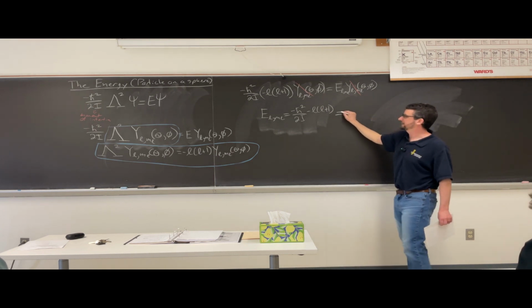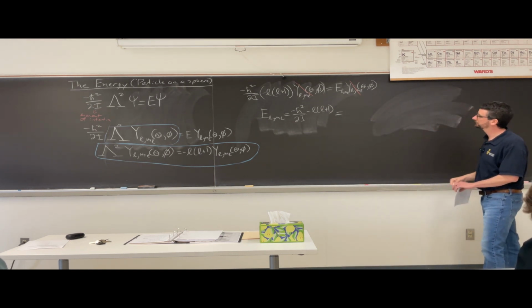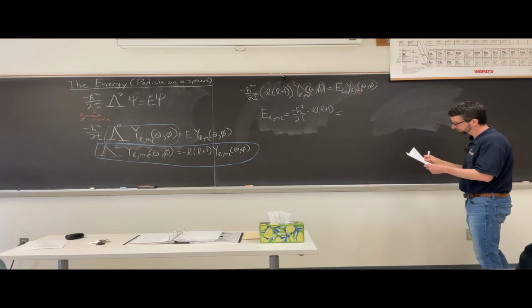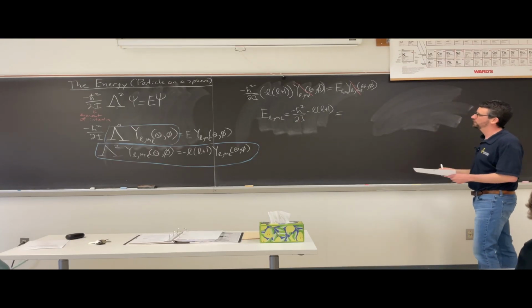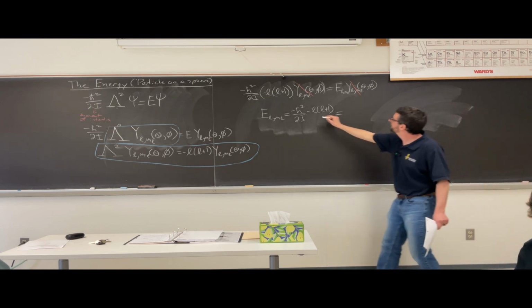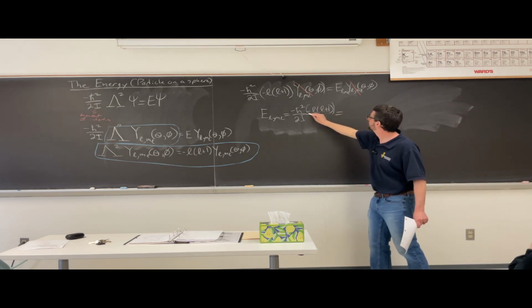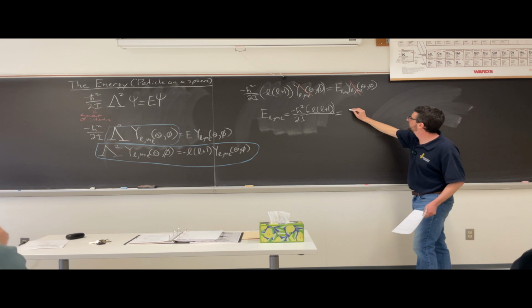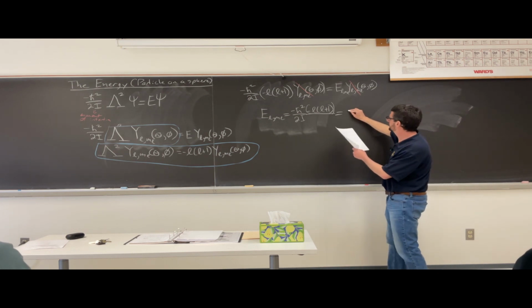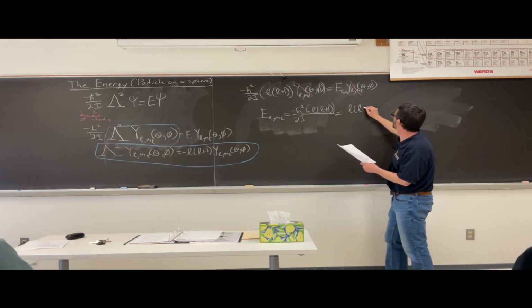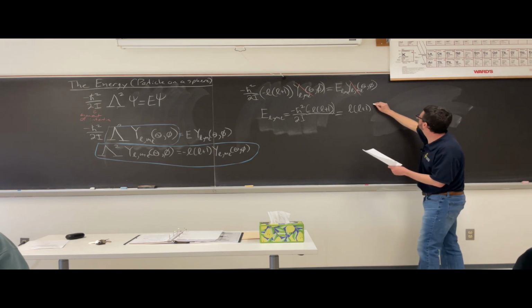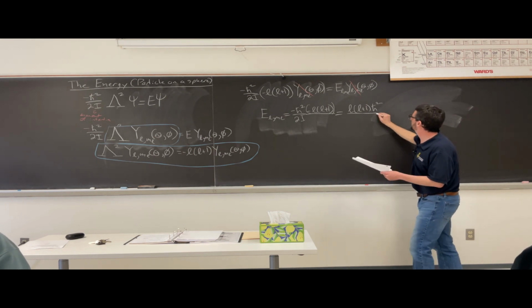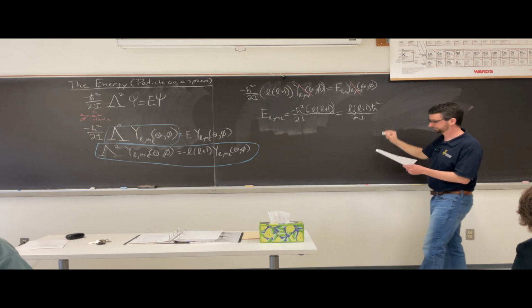Okay, simplify that further. What can we pull out of here? Yeah, get a negative out of there. So you end up with L times L plus 1 times h bar squared over 2I.